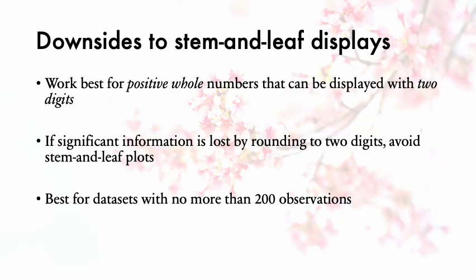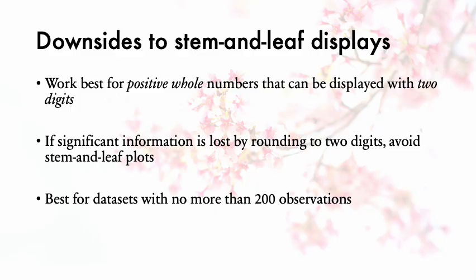Of course, we kind of gave an ideal example for a stem and leaf display, right? GPAs, especially a GPA with just two digits, work really well for the system. When we start getting into negative numbers, for example, stem and leaf displays work a little bit less.